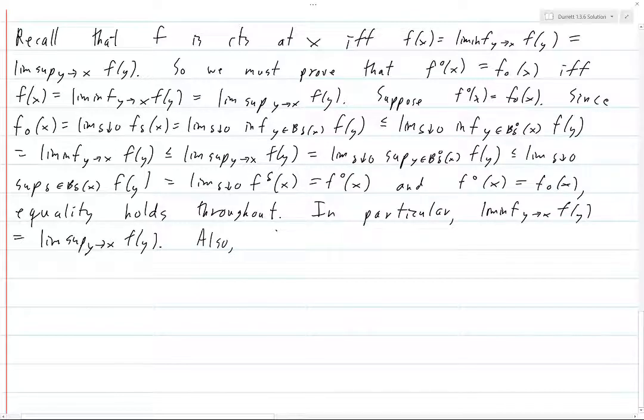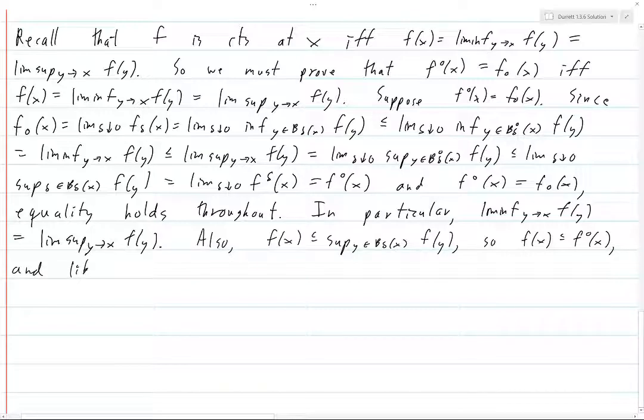Also, f of x is less than or equal to the supremum over all y in the ball of radius delta centered at x of f of y. So taking delta down to 0 gives us f of x is less than or equal to f upper 0 of x.